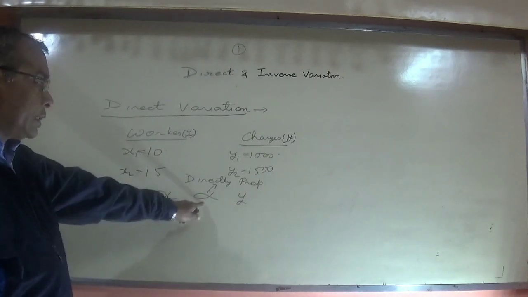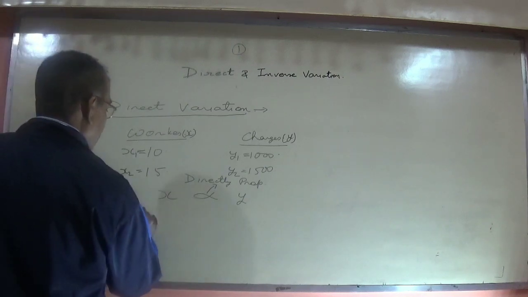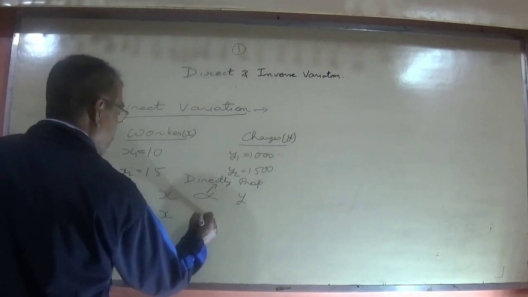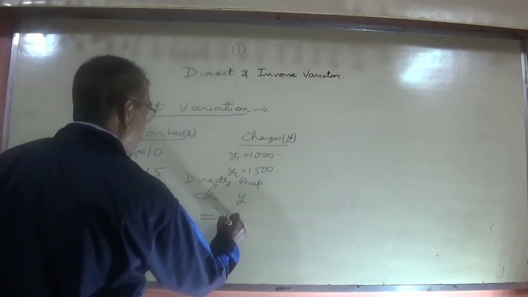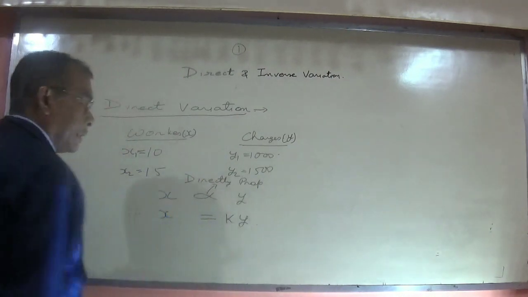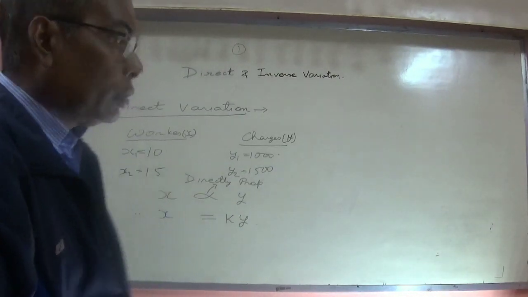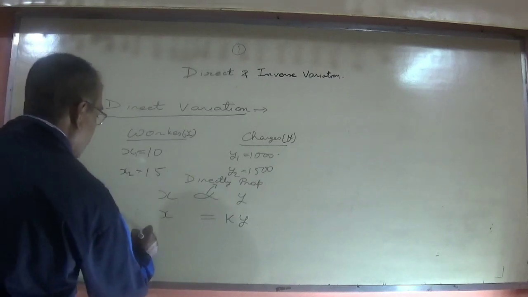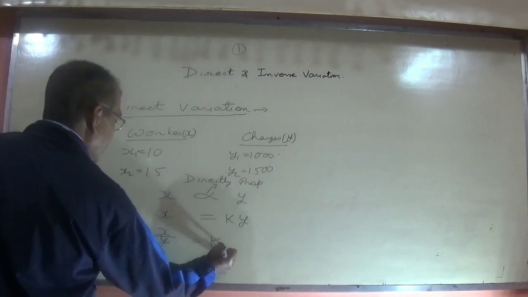Now if we omit this sign and put an equal sign, then you have to multiply with a constant k, suppose. What is k? You will come to know just now. So therefore you can say that x by y is always equal to k.